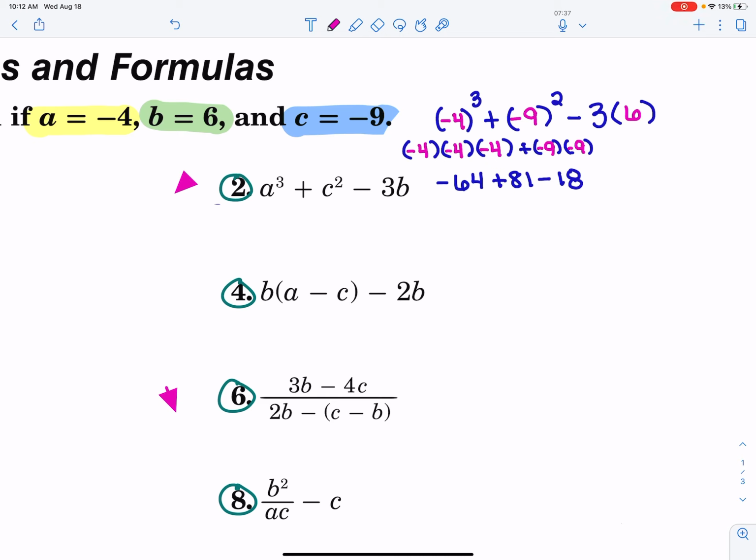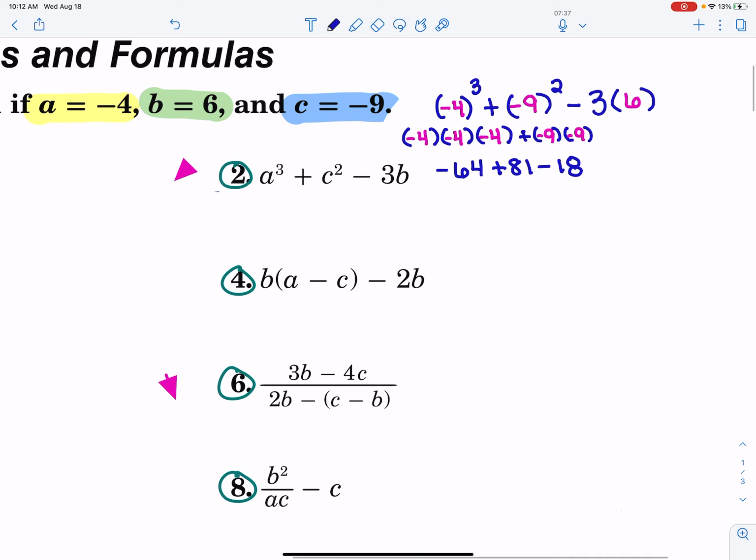So -64 plus 81, keeping in mind they're opposite signs, so that means we are going to subtract them. I'm going to take the sign of the larger value. So 81 is larger than 64, so I know that my solution for those two is going to be positive.